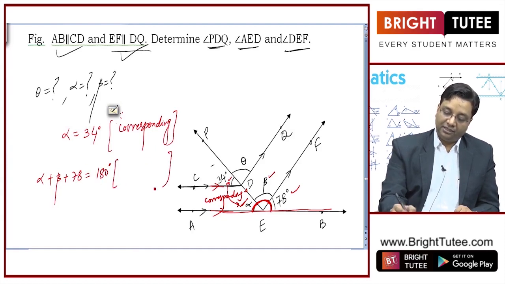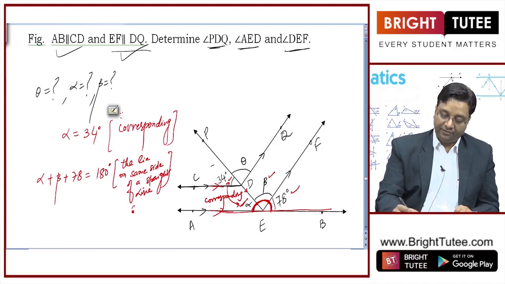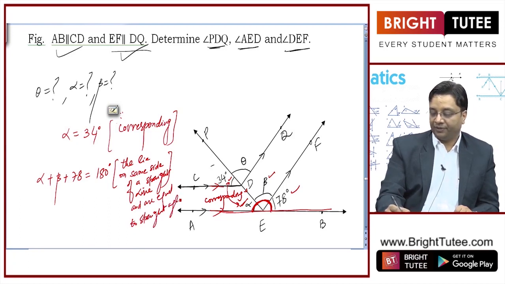Why? Because they lie on same side of a straight line and are equal to straight angle, that is 180 degrees. Okay.